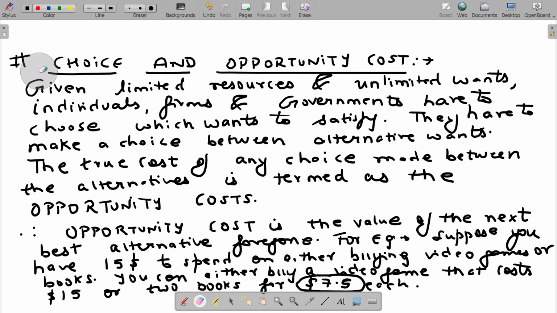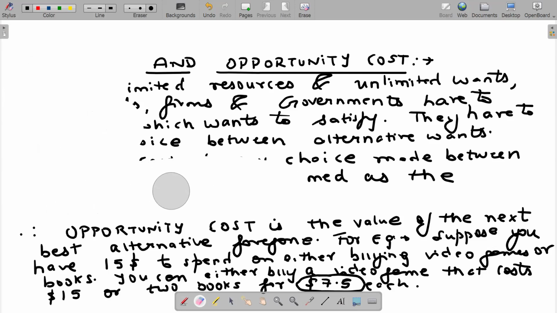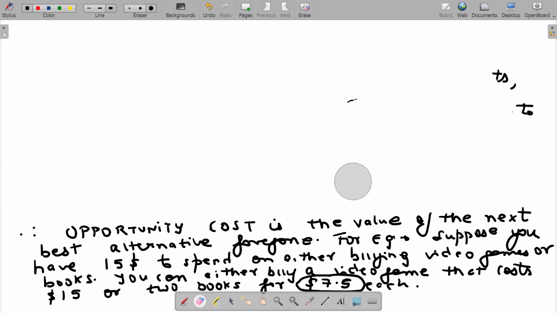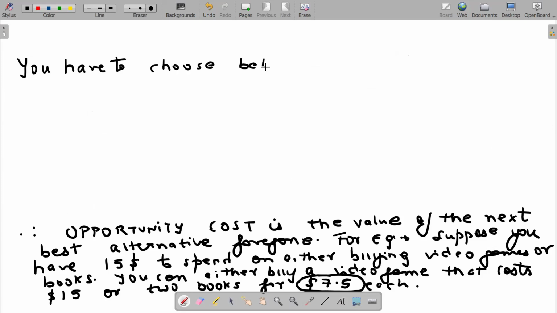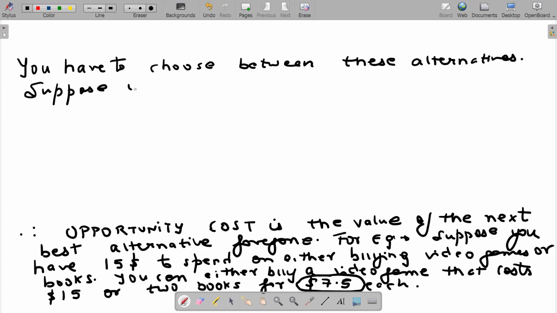So if I erase the initial portion off, I can continue with this example on the top. You have to choose between these alternatives. Suppose you decide to buy a video game.